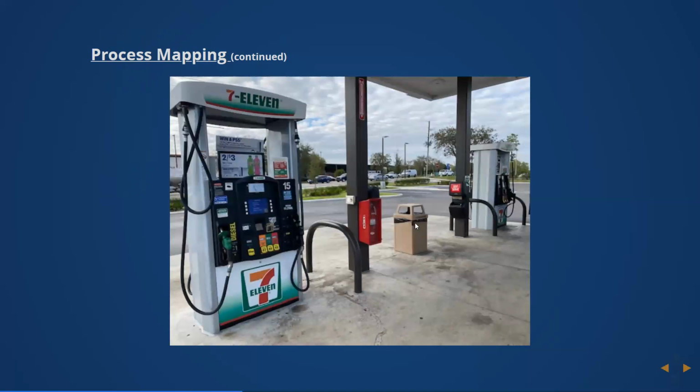You've got a fire extinguisher, you've got a cleaning wand and a vat of cleaning fluid, you've got some paper towels, you've got a speaker up here that might be doing announcements or playing music. And my favorite thing of all at gas stations is the trash can. I love those things.